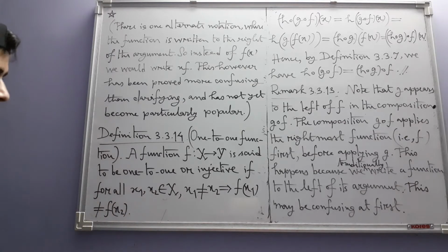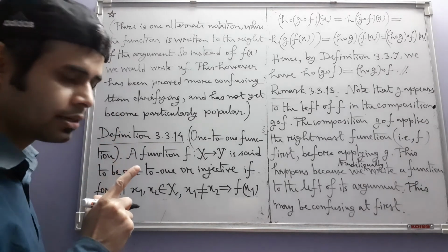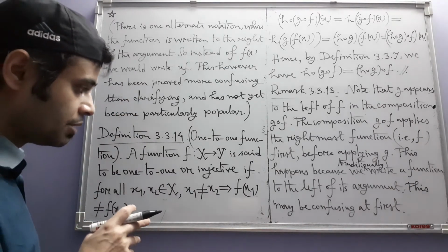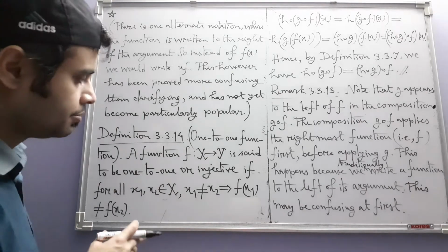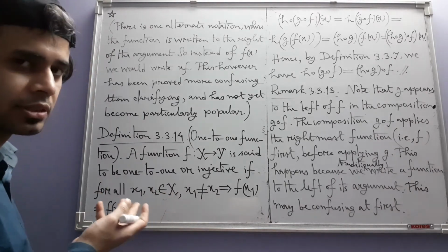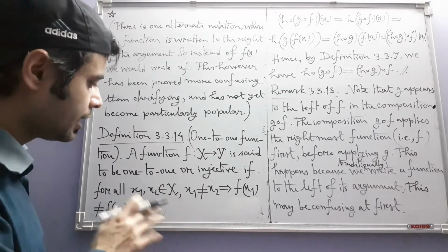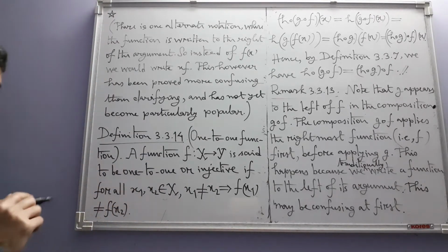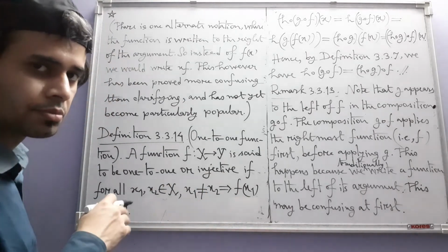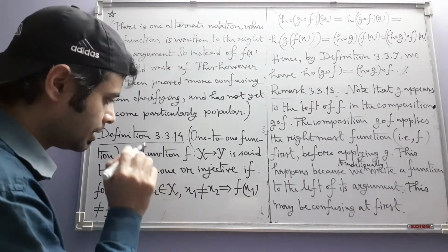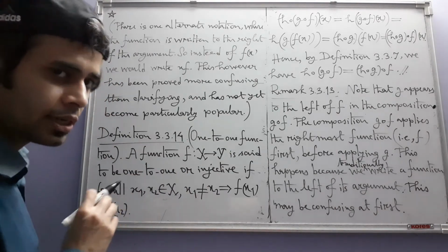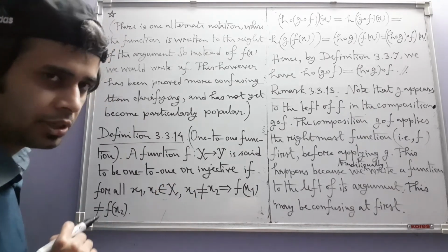That is, you recall the remark that we made in the beginning when saying that functions obey the axiom of substitution, there we said that if two inputs are equal, then the outputs must also be equal.